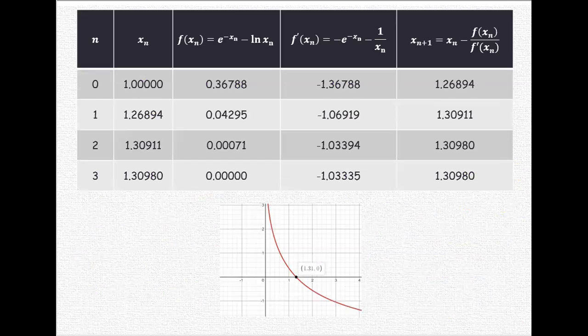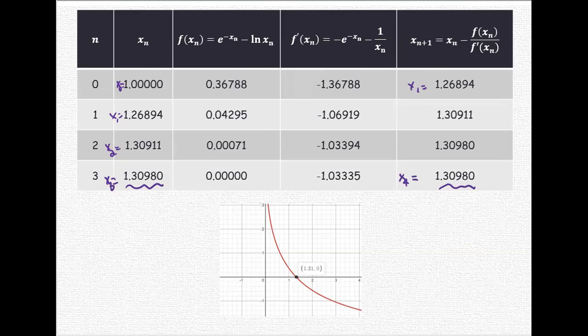As you see in the table, x0 equals 1, x1 equals 1.26894, x2 equals 1.30911, x3 equals 1.30980. When we obtain x4 as 1.30980, we have the same value for the two approximations, so we stop the process at this step.